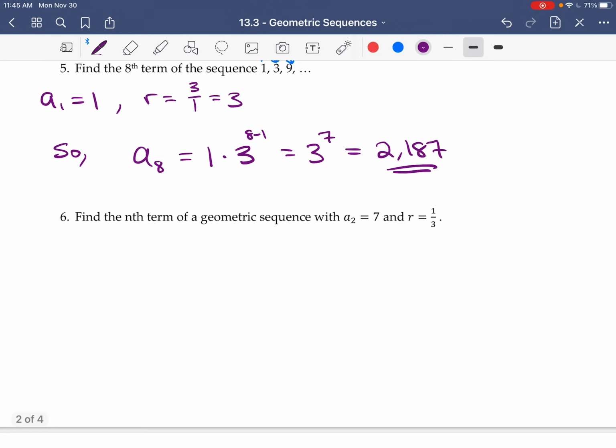Now for example 6 here, they tell me that A2 is equal to 7, and r is equal to 1/3. If I want A1, it's actually going to be A2 divided by r.